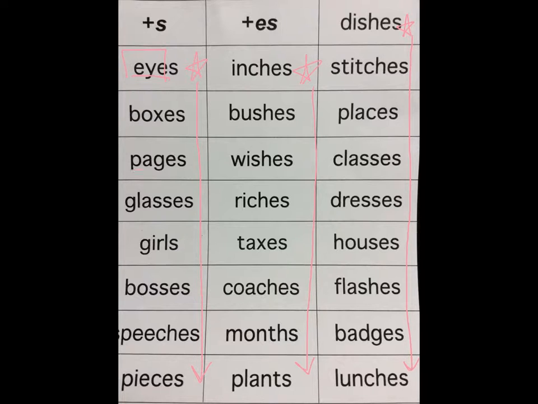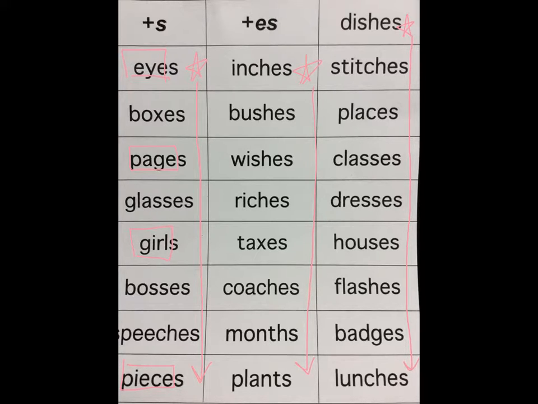Let's go down here. Page. Our base word automatically ends with an E. It's spelled that way, so we're just adding an S. Then I have a word like girl, just has an S on the end from the base word. Piece down here. Piece automatically has an E, so you're just adding an S onto that word.